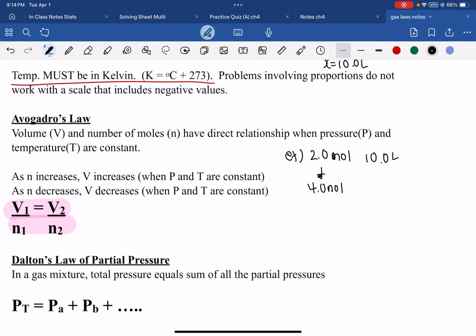Let's plug the numbers in again. So 10.0 liters over 2.0 moles equals x liters over 4.0 moles. And for x, you should get 20.0 liters.